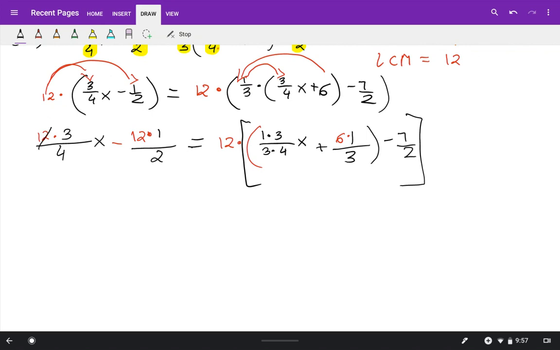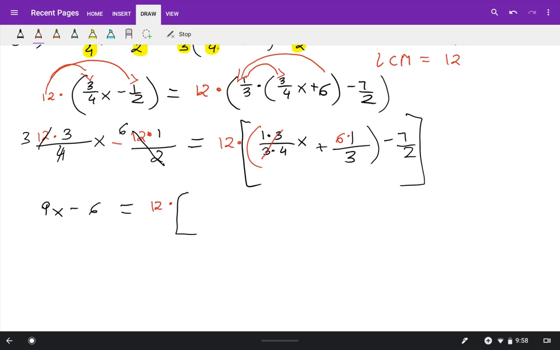Okay, let's simplify the left side. So 12 divided by 4 will give you 3. 3 times 3, we're having 9x. 12 divided by 2 will give you 6. So 6 times 1 is 6. So we have minus 6 equal. I copy that 12. First, I want to simplify that mess in a big bracket. So look what happened. 3 and 3 cancel.